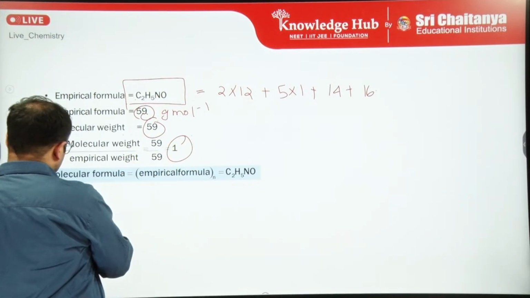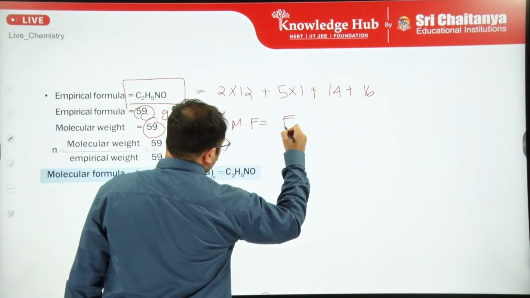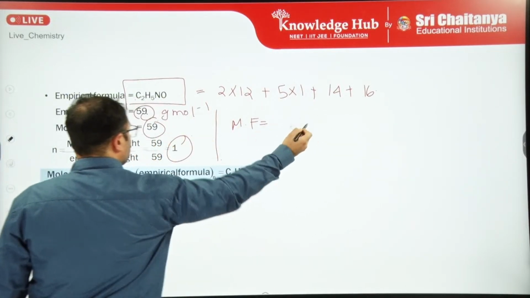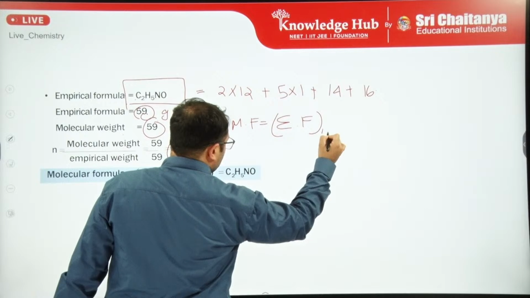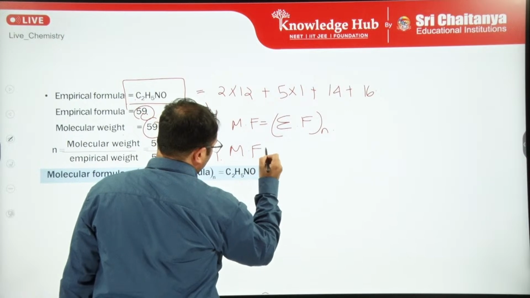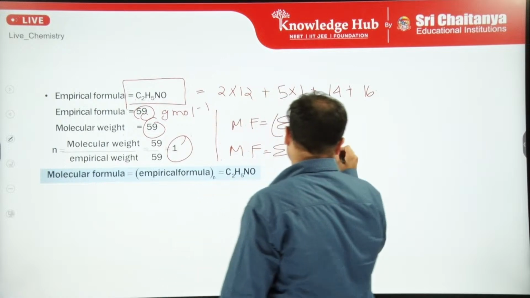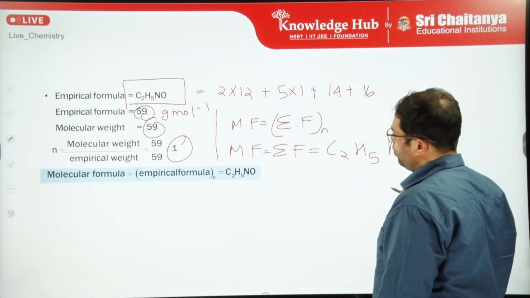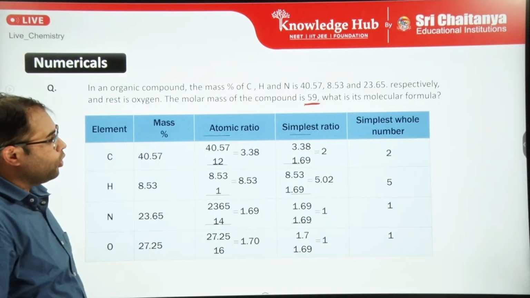So N is 1, so the molecular formula is equal to the empirical formula, which is C2H5NO, right?